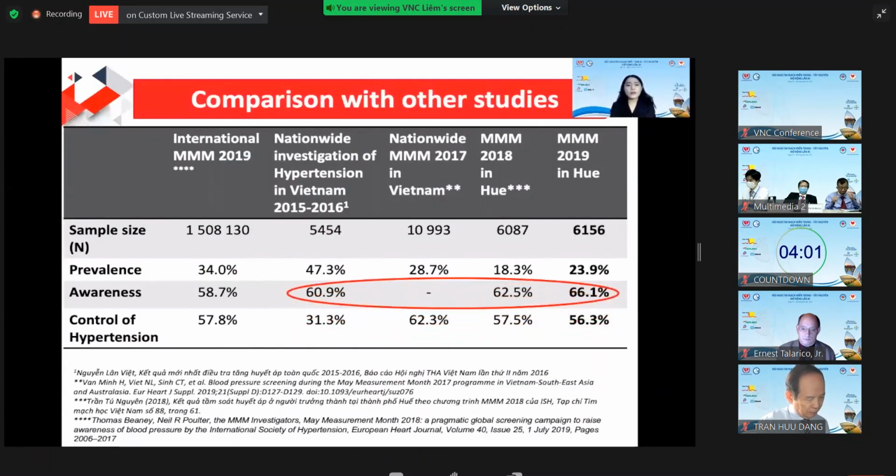Thanks to the success of the May Measurement Month campaign, there was a rise in hypertension awareness. It has increased from nearly 61% in 2015 to over 66% in 2019.